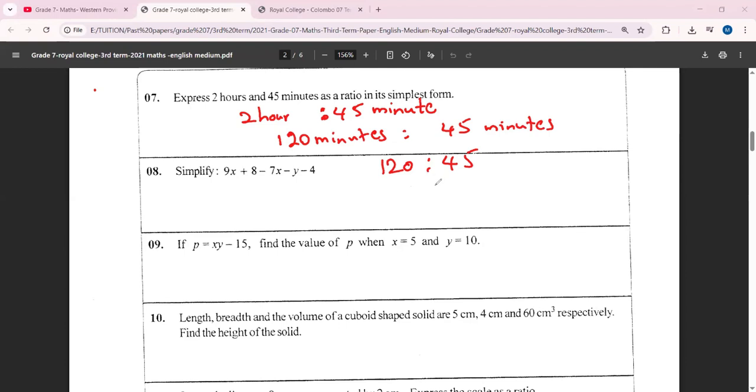Yes, we will divide by 5. If we divide 45 by 5, we get 9, and if we divide 120 by 5, we get 24.